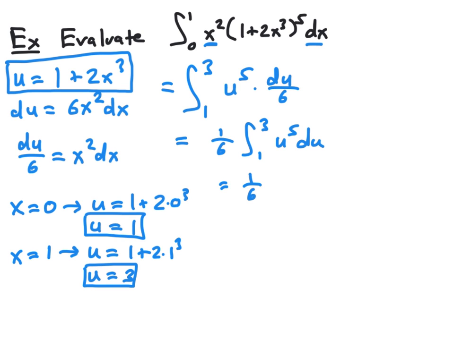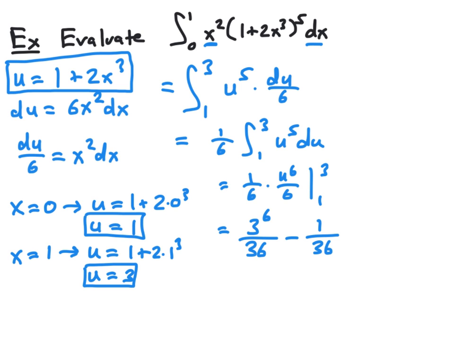When we find an antiderivative of u to the fifth, we're going to get u to the sixth over 6. And we want to evaluate that from 1 to 3. Substituting 3 into the expression, we get 3 to the 6th power over 36 minus 1 to the 6th power, which is just 1 over 36.